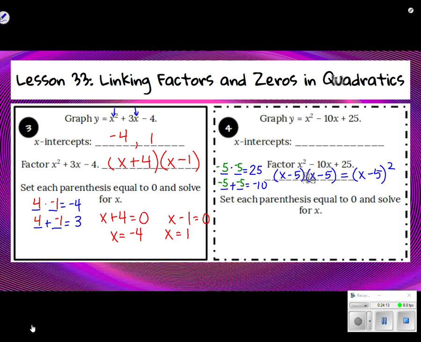Because of that, my parentheses match. I have two zeros that happen to match. There's really going to be one single solution. It's going to look like it's sitting right on top of the x-axis. The question is, where does it sit? It's going to be sitting at 5. So there's 1 x-intercept at 5.